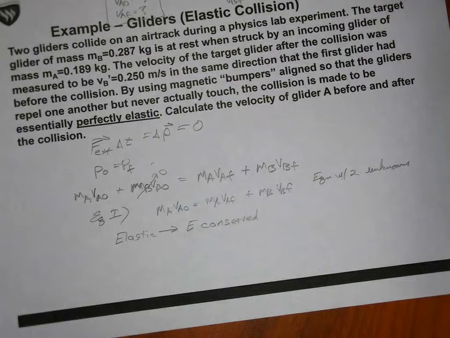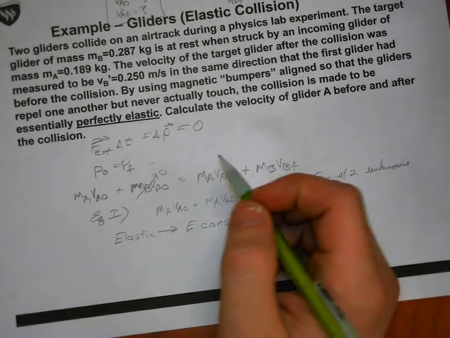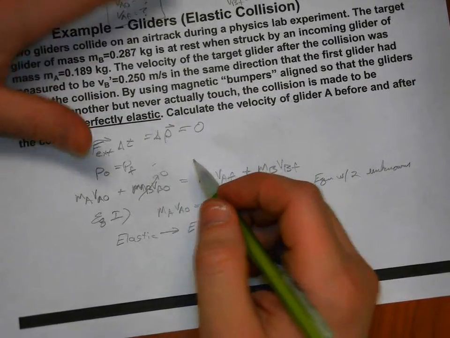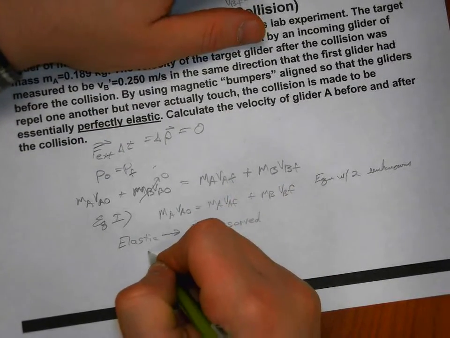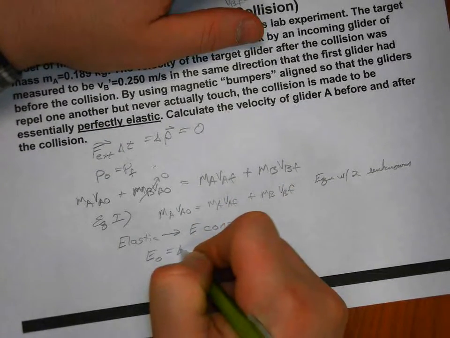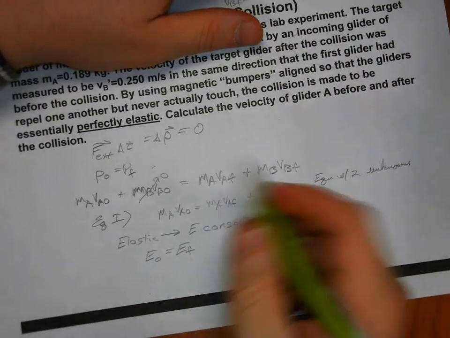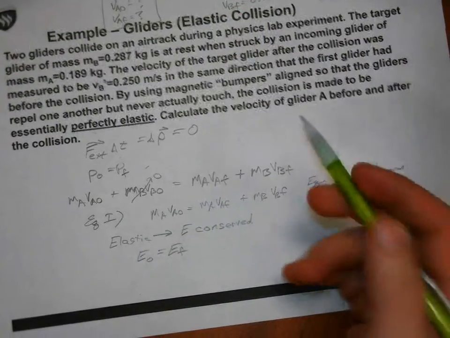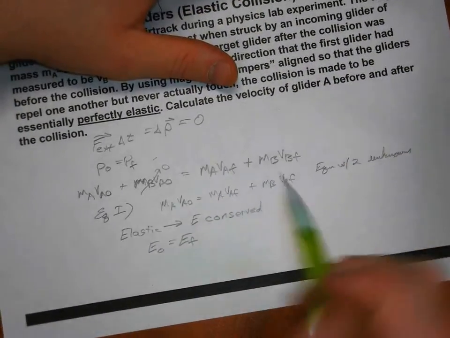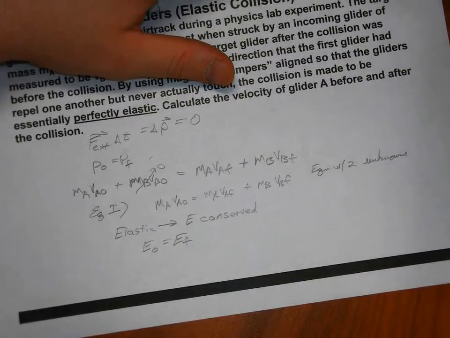That's why a car is made to crinkle when it's impacted, because it wants to absorb the energy of the impact. But in this case, it's a completely elastic collision, so they bounce off of one another. So then we can talk about the initial energy equals the final energy. I could have started with the work non-conservative, but there's no non-conservative work going on here. So we say the energy in the beginning is equal to the energy in the end.